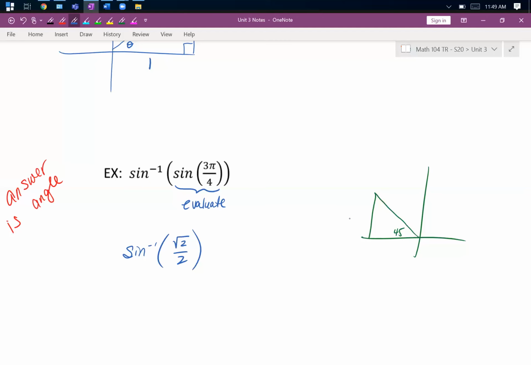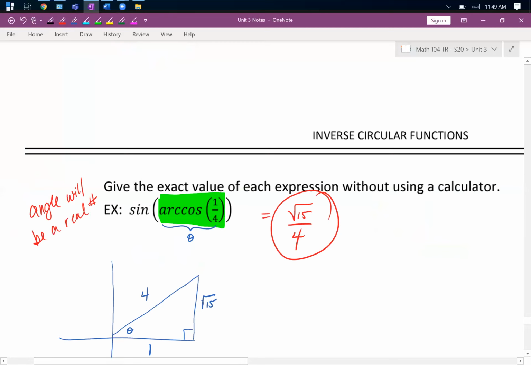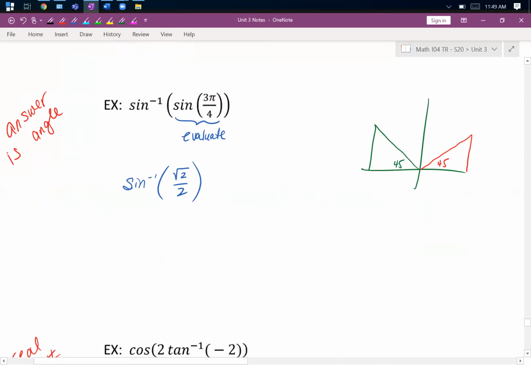I'm looking for a different place, within quadrant 1 or 4, where sine is equal to square root of 2 over 2, positive, and that happens right here in quadrant 1, again with a 45-degree reference angle. Exact value, so that means radian.